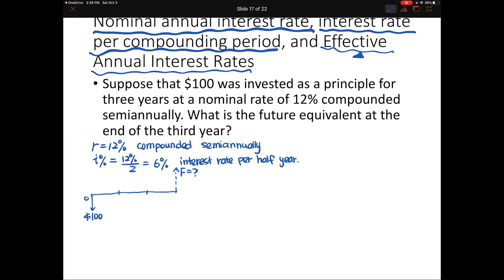Because you compounded every half year, so for 3 years you compounded 6 times. So you're gonna have first period, which is the first half year, second period, third period, fourth period, 5th period, and the 6th period. So every segment of the time is half year.